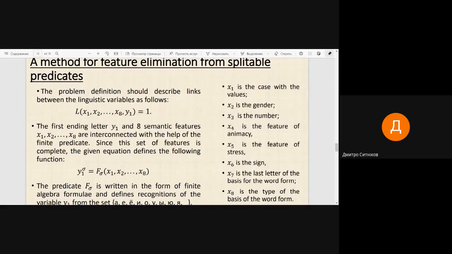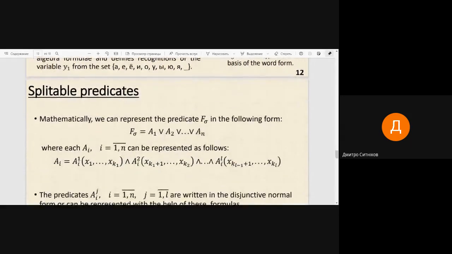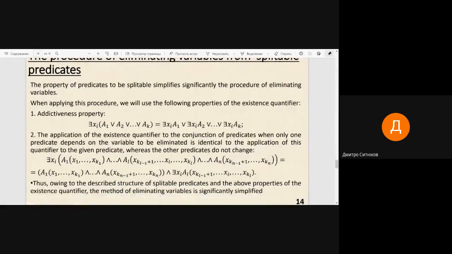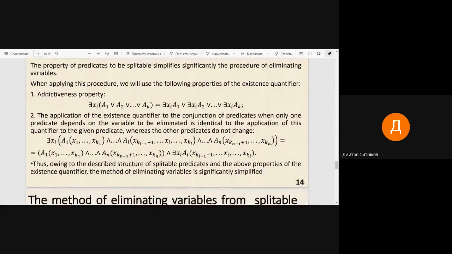Further, we consider a method for feature elimination from splittable predicates. We have described the procedure of eliminating variables from splittable predicates in detail below.